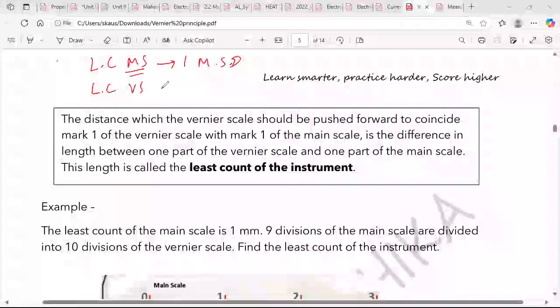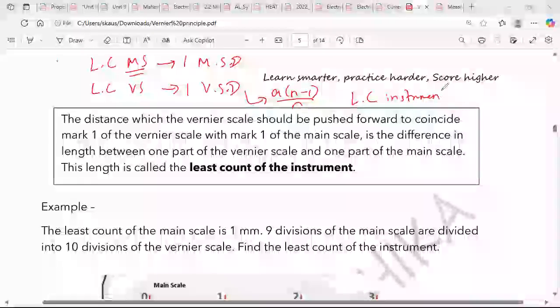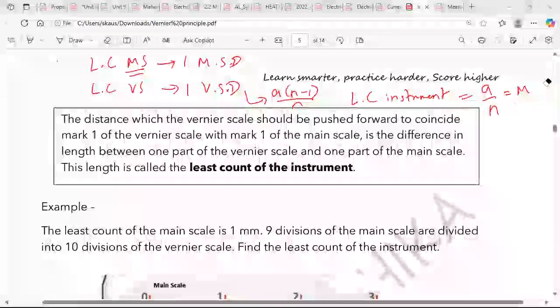Least count for the vernier scale is also one vernier scale division. One vernier scale division is (n minus 1) over n. This is the least count for the vernier scale. Least count for the instrument is A over n, that's least count of the main scale over number of vernier scale divisions.